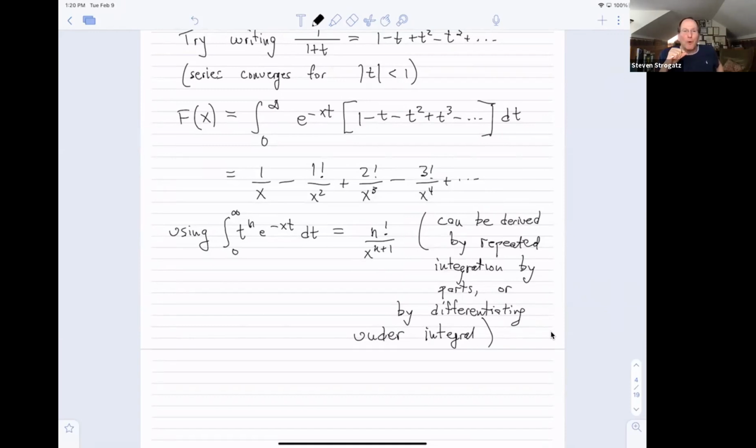This is the spirit of what we're doing. We're not rigorous at all, and probably we're not really allowed to exchange them in this case. After all, this series that I've written down, I'm using in a region where it doesn't even converge. So everything I'm doing is probably completely wrong. The word I want to use is formal, meaning I'm just shoving symbols around and not being careful at all.